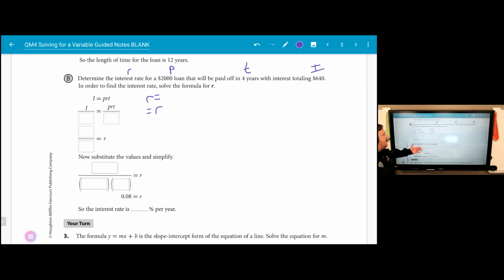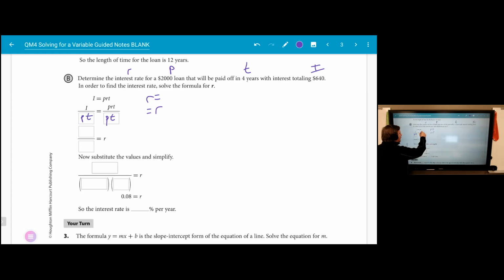The first thing I need to do though is get this literal equation to be something equals r, or r equals something. What am I going to do? I've just got r multiplying it by P and t. What's the inverse operation of multiplication? Yeah, division. If I'm multiplying by P and t, divide both sides by P and t. And what happens?